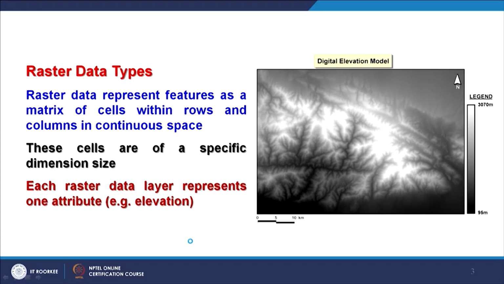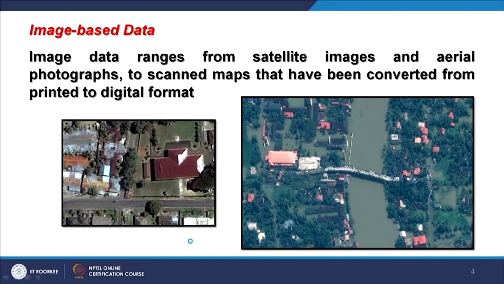There I will have some positive values above mean sea level, and I may have a surface below the water, so minus values also need to be stored. But in case of an image, all values will be positive, because these values are not elevation values. These are reflectance values, or can be emitted energy values, so they cannot be decimal. So that is the major difference.